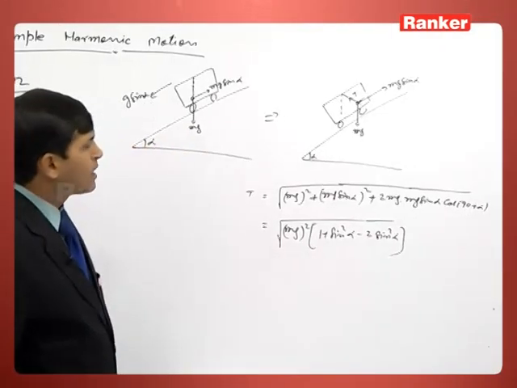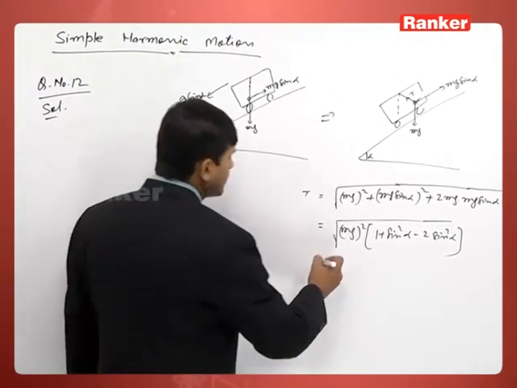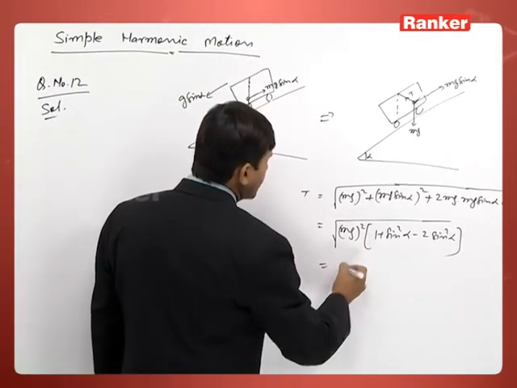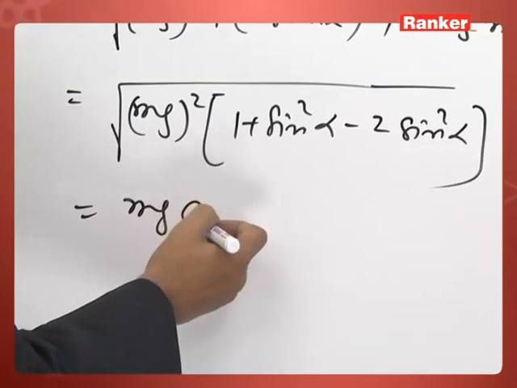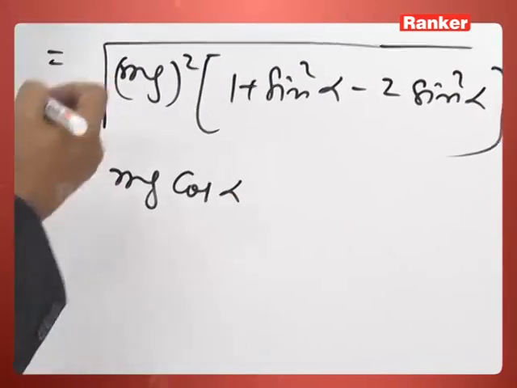So this becomes 1 minus sin square alpha, that is cos square alpha. So mg cos alpha is the T.